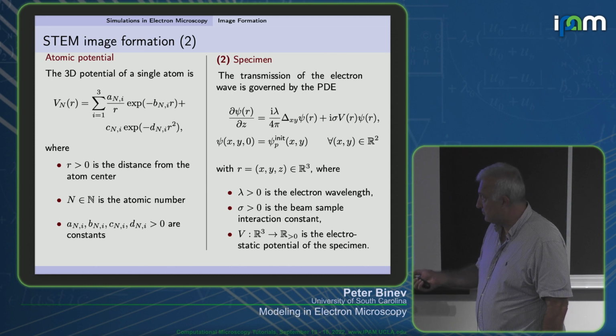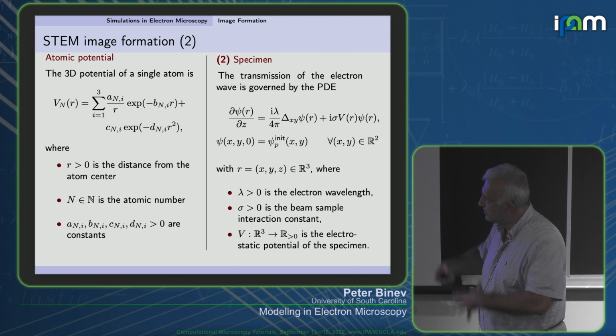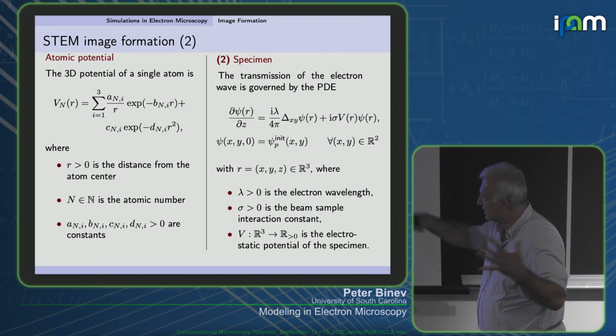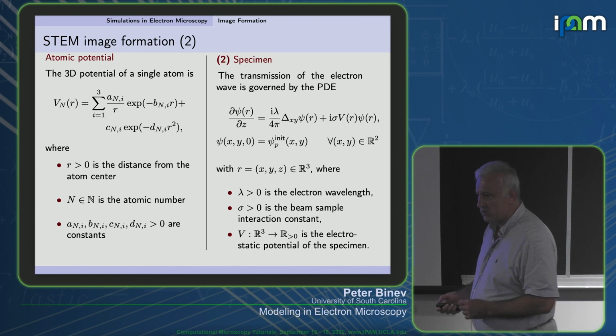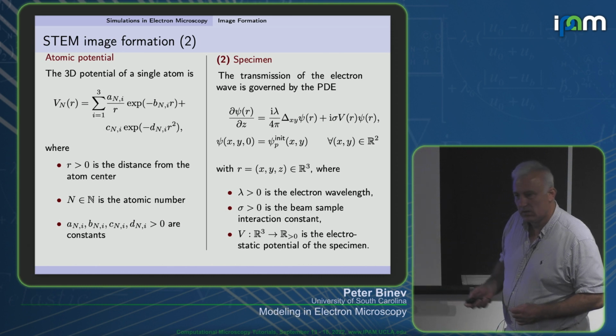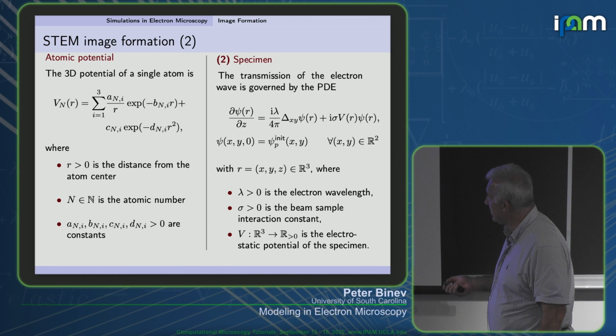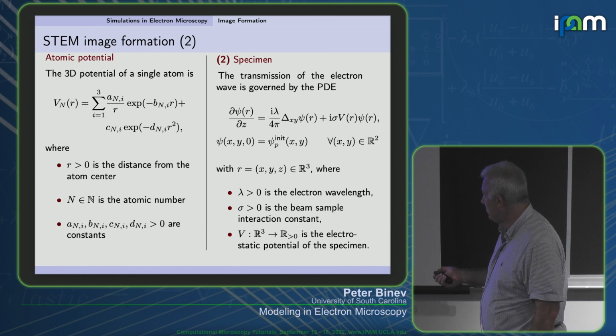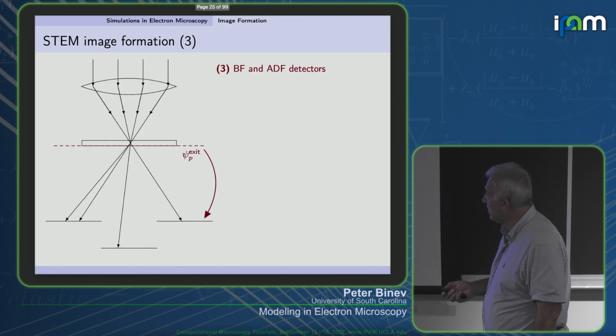And then after you have this, you can calculate one potential, then combine everything, and have the electrostatic potential of the whole specimen. So you just use that function, and this is the equation you have to solve.